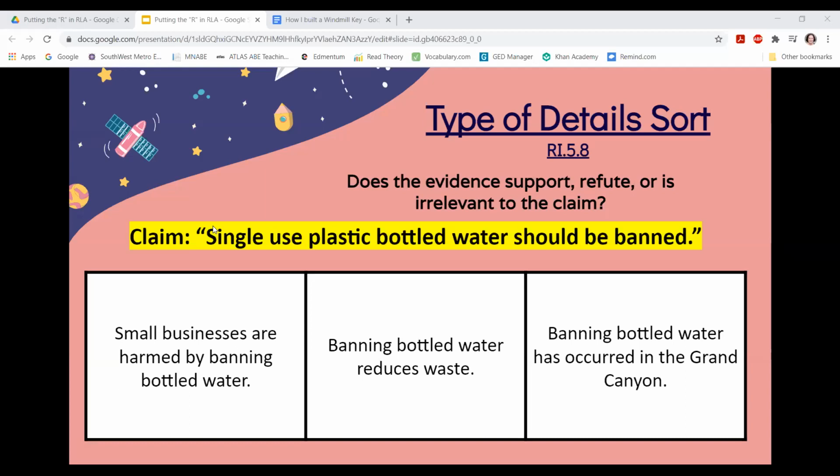I have previously defined that as follows: something that supports the claim directly connects to both the topic and the main idea. Something that refutes a claim addresses the topic and main idea, but actually argues against it. And something that is irrelevant to the claim really doesn't address the main idea and has a very loose connection to the topic. That's how I define those.